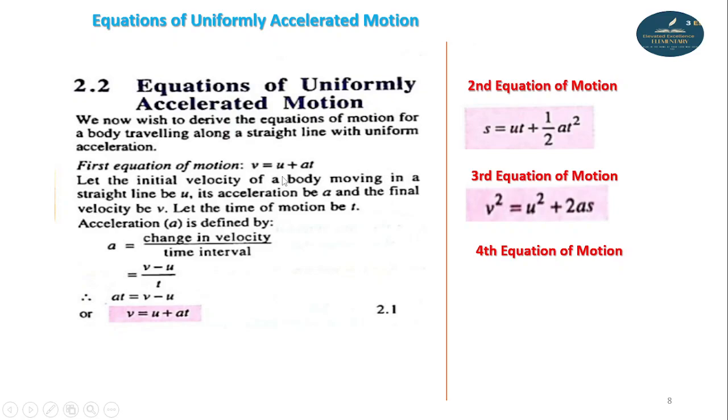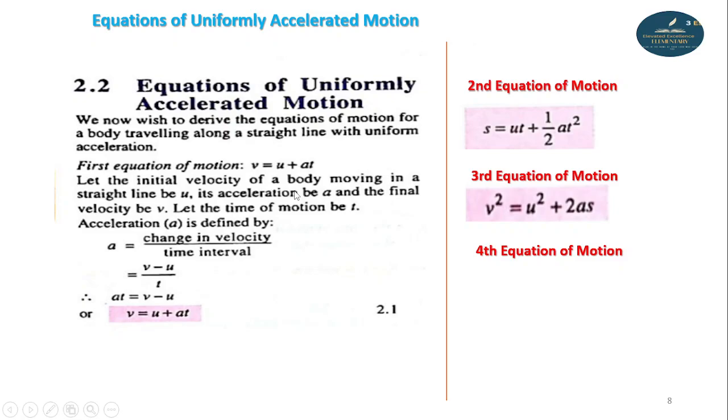Let the initial velocity of a body moving in a straight line be U, its acceleration be A, the final velocity be V, and the time of motion be T. Then acceleration is given by the change in velocity over the time interval, which is V minus U over T. When we solve mathematically, we get this.